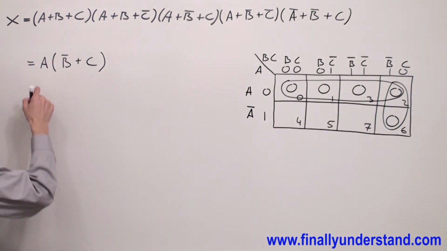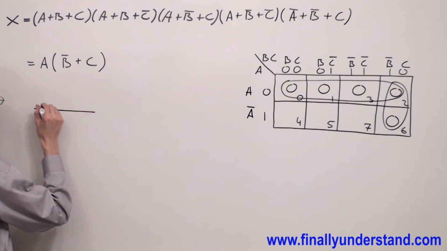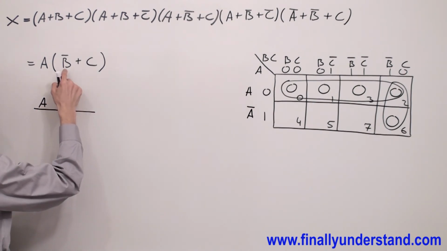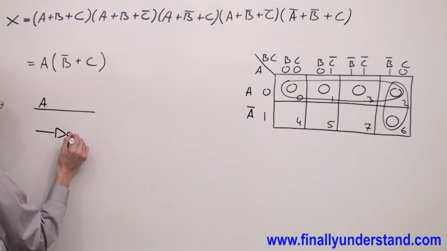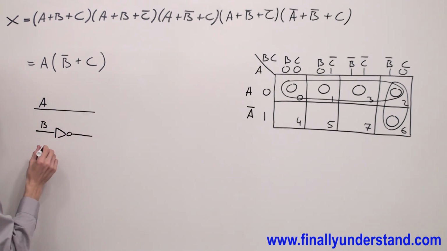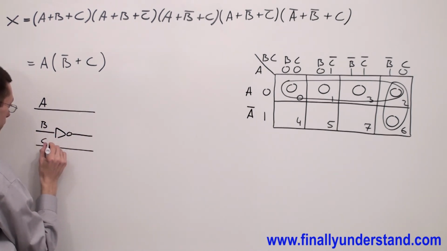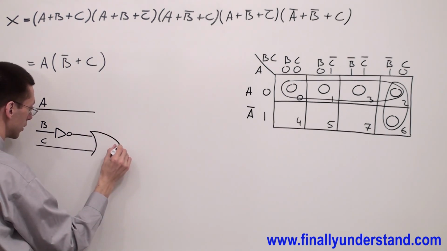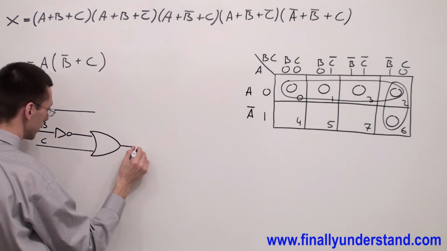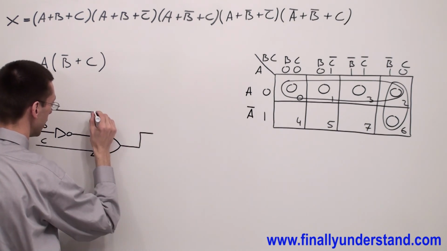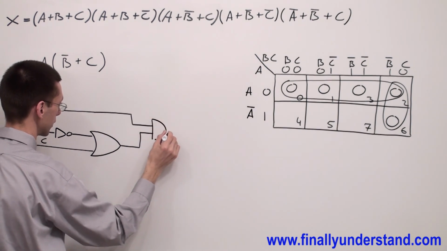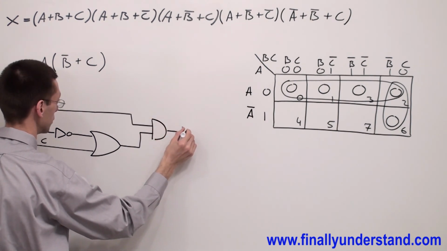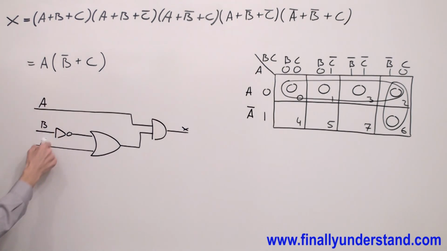So I have A, I have OR gate with input B, with inverter, and input C. And output of the OR gate is supposed to be AND with input A. Okay, this is my output. These are the solutions to my problem.